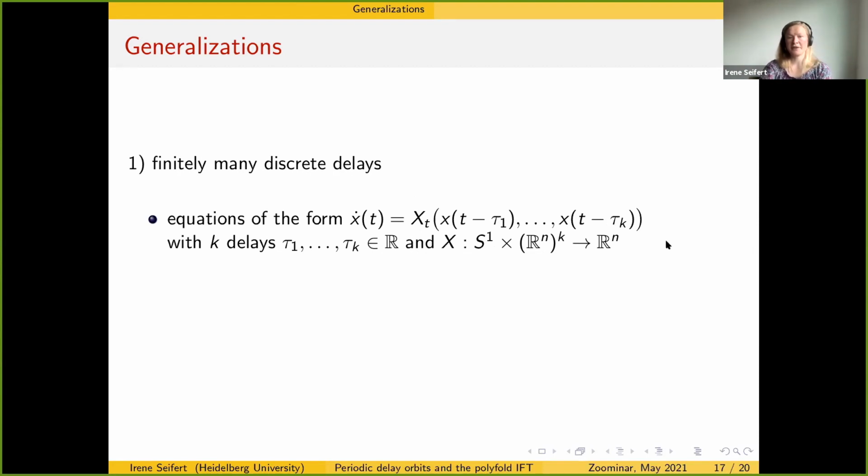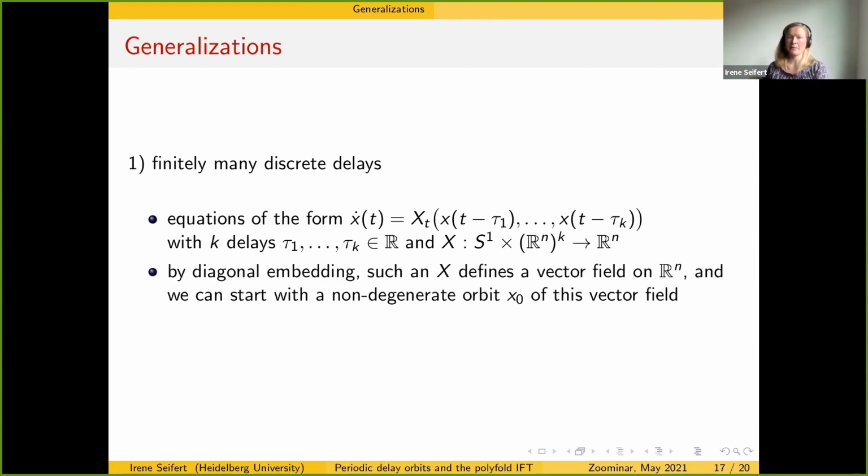And then by diagonal embeddings, the function x then defines again a vector field on R^n, and we need to start with a non-degenerate orbit of this vector field. And in this way, immediately we get a k-dimensional solution manifold. So for all small k-tuples of delays, we have a solution, and then also a smooth parametrization by these tuples.